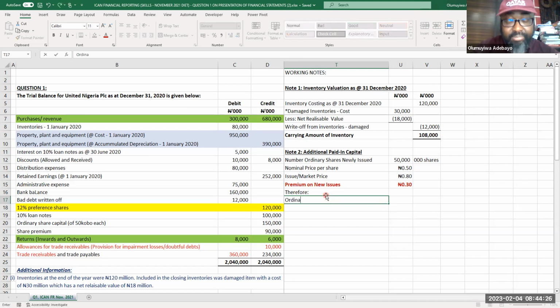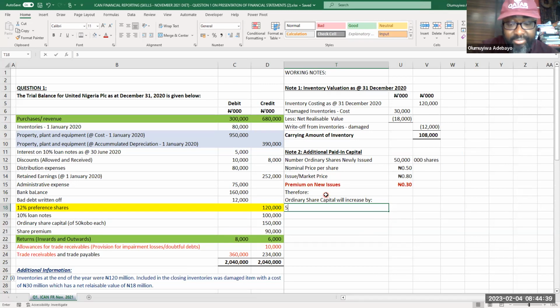Therefore, ordinary share capital will increase by what? It will increase by the 50 million shares multiplied by the 50 kobo per share, which is the nominal value.